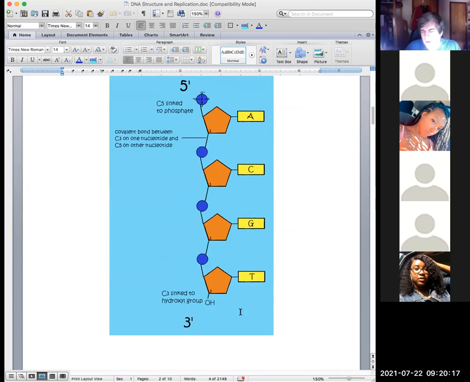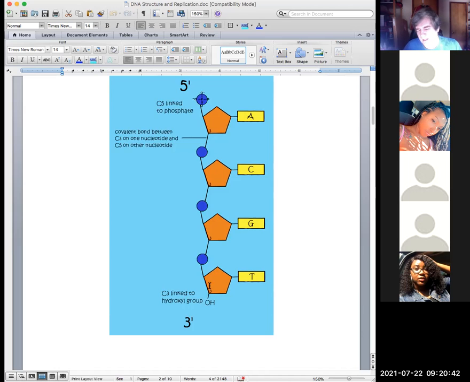So notice when we look at one of our molecules of DNA, we have something that's called the 5' end. And the 5' end is where the end of the molecule is a phosphate. And then we have the 3' end. The 5' end, by the way, is named because deoxyribose has 5 carbons and the phosphate is bonded to the 5th carbon.